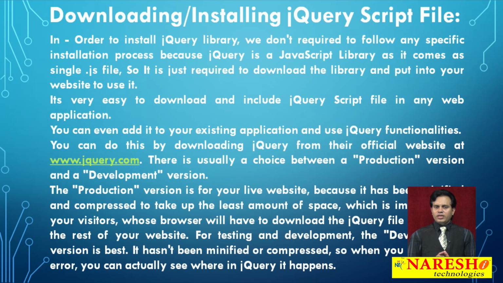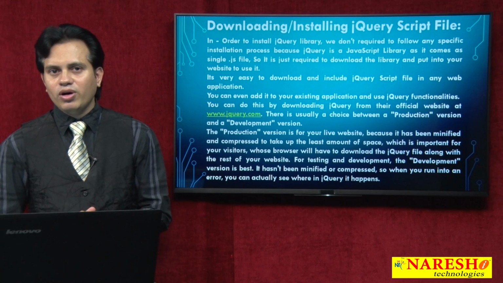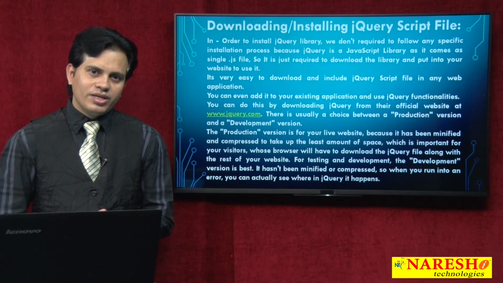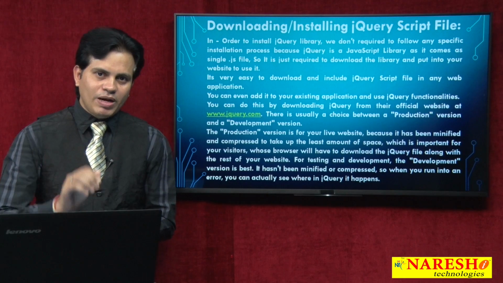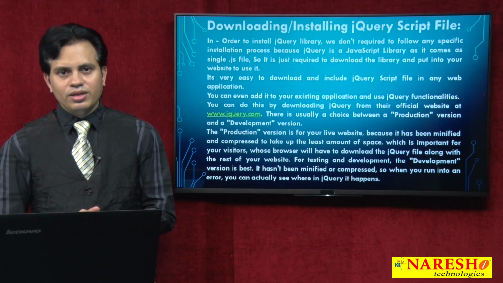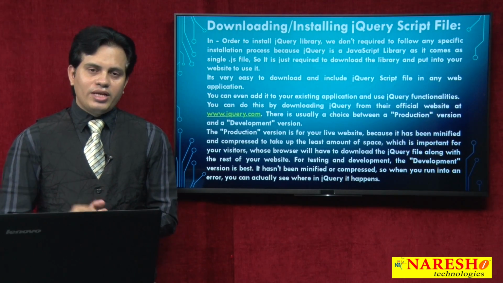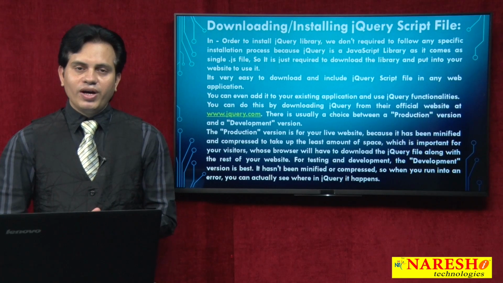It doesn't have any specific installation procedure in order to install on your machine and get ready to use it. To install the jQuery library, we don't need to follow any specific installation process, because the jQuery library is a JavaScript library that comes as a single .js file.